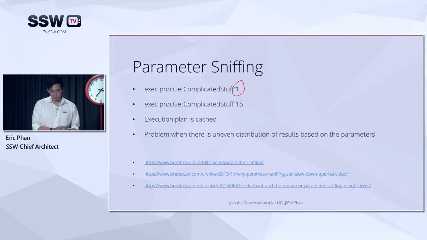So what it tries to do, and it tries to be smart, is that when it sees a parameter and it's returning, say, 1,000 results, it says, all right, whenever I get this integer, we're always going to get roughly 1,000 results. So you might run this a few times and it's roughly always that amount. But every so often you might get one particular parameter, like 15 for example, that instead of returning results in the thousands range, might return results in the hundreds of thousands range. And that's where you get the big performance hit.